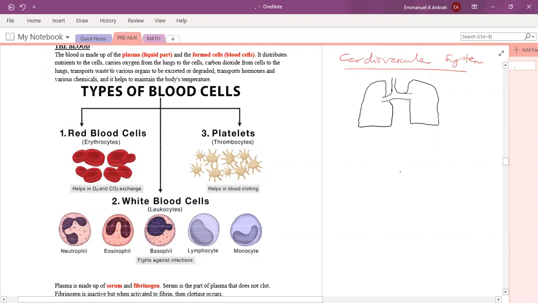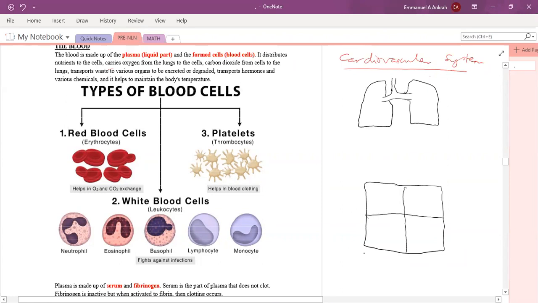So it is the lung, then I'll represent the heart using a box. We know that the heart has four chambers, so I'm going to use a box to represent the heart.